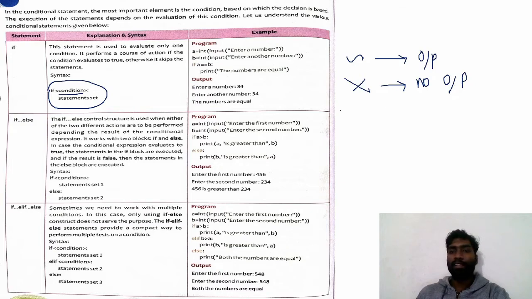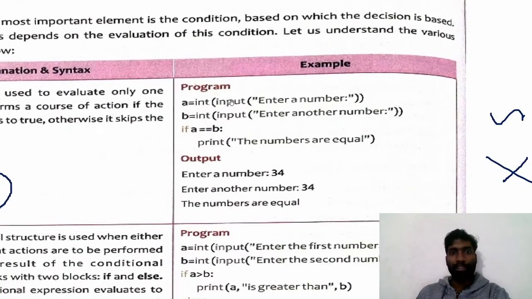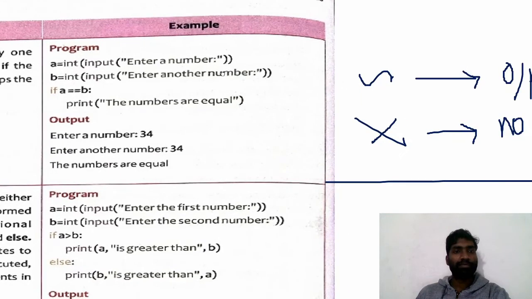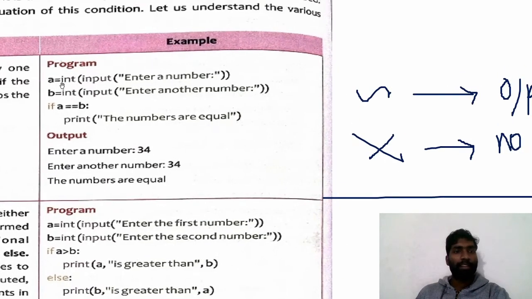This is simple. Kindly see the program. First, a is an integer, input, enter a number. b is an integer, input, enter another number. The first value we enter will be stored in a, and the second value will be stored in b.